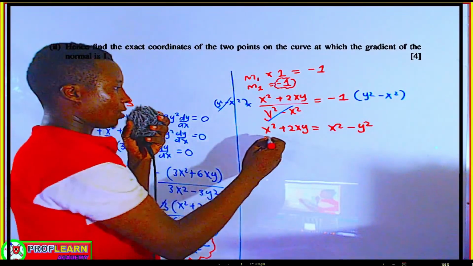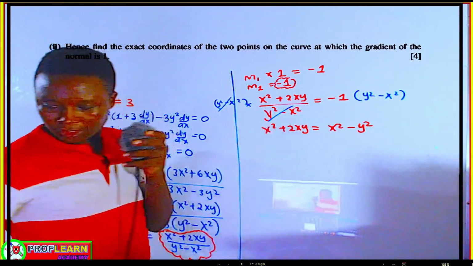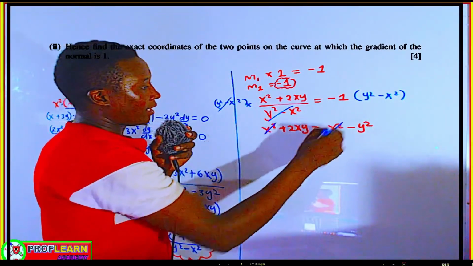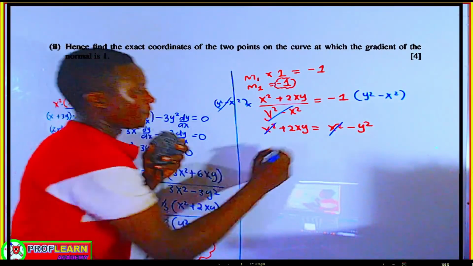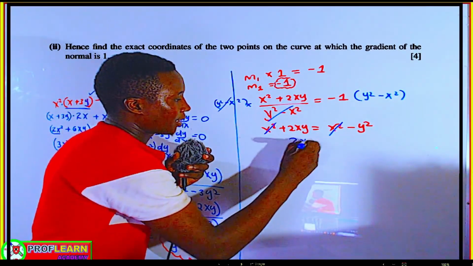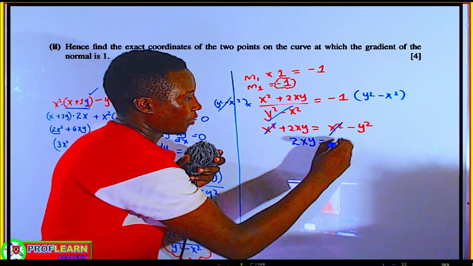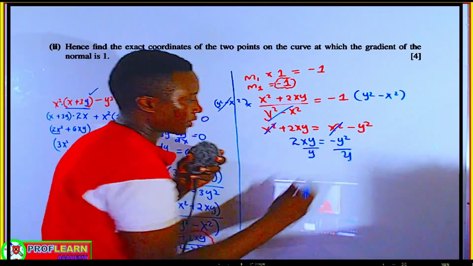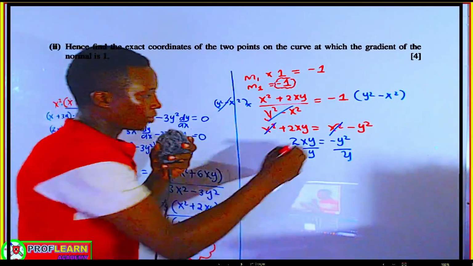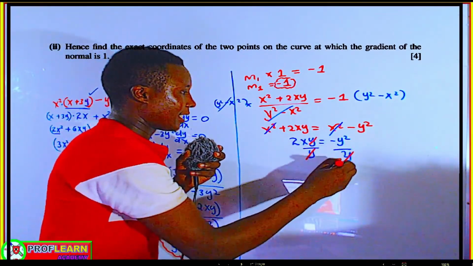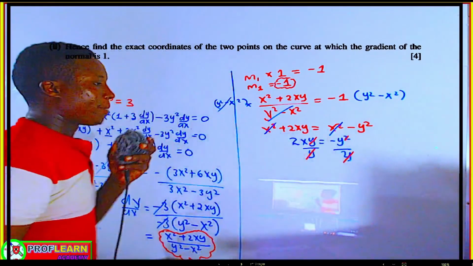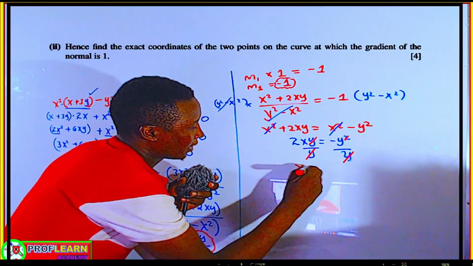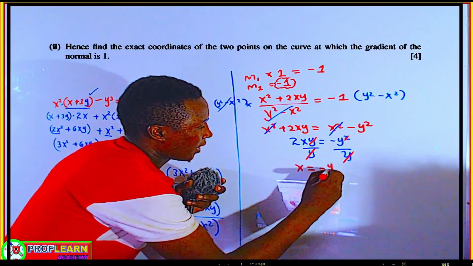You can see now here that x squared and x squared are going to cancel out, and we're going to remain with 2xy equals -y squared. If we divide by y on both sides, we are going to have y and y cancelling out, and that power is going to become 1, and therefore we shall have our x equal to -y over 2.